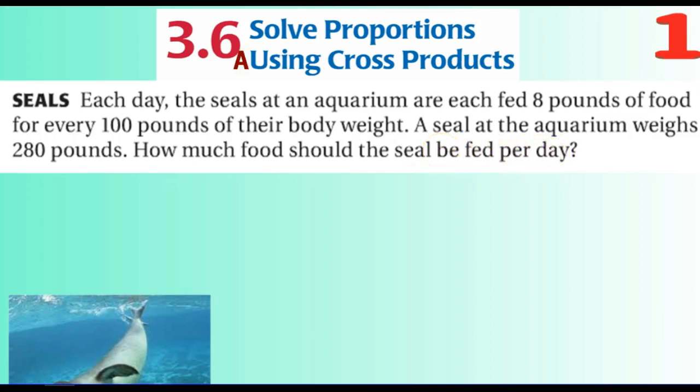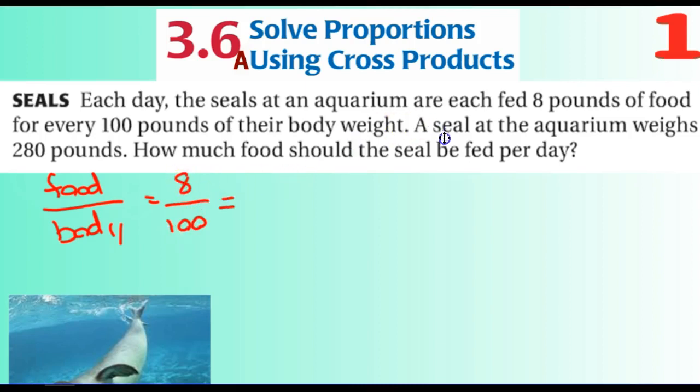Well, we know our ratio is going to be pounds of food, so food over body weight. So you know they're fed 8 pounds of food for every 100 pounds of their body weight, so our first ratio is 8 over 100.